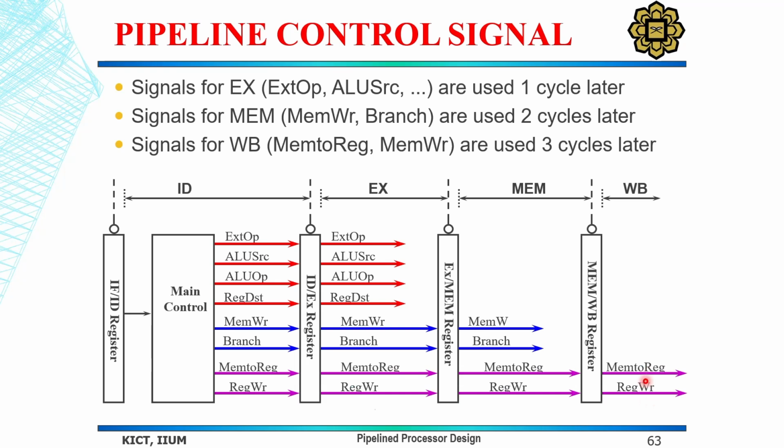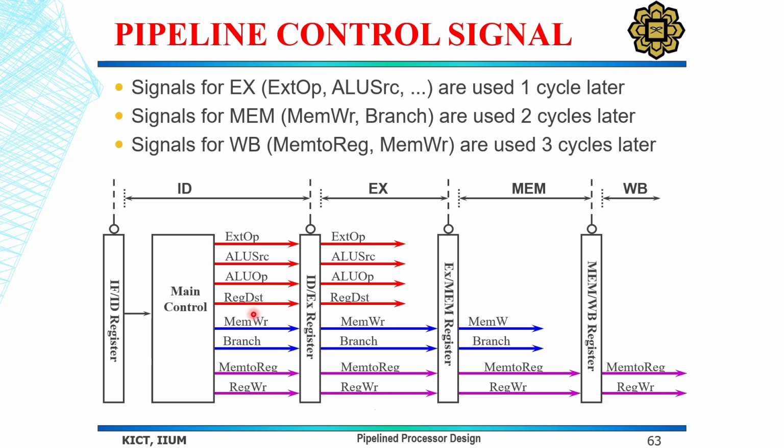So all the control signals are generated at this stage, but for execute they are used one cycle later, for memory access two cycles later, and for write back three cycles later.